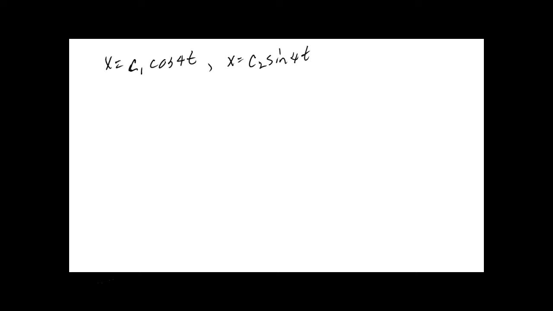Okay? And C1 and C2 are arbitrary constants or parameters, and they're both solutions to this differential equation. x double prime plus 16x is equal to 0.